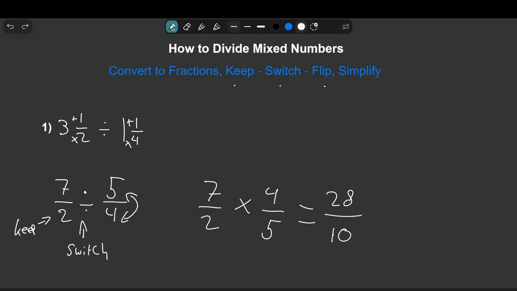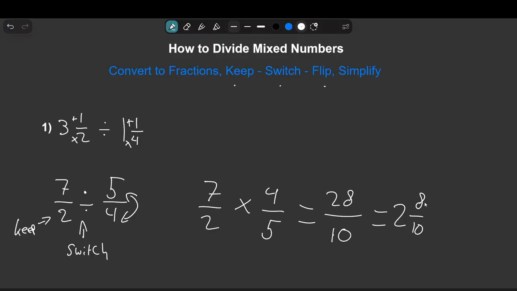So 10 times 2 equals 20. So we have two whole groups of 10 in 28. So we have a whole number of 2. Now we are left with 8. 8 tenths, because our denominator stays the same.